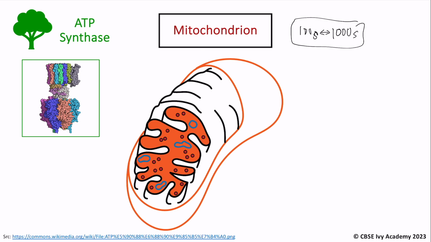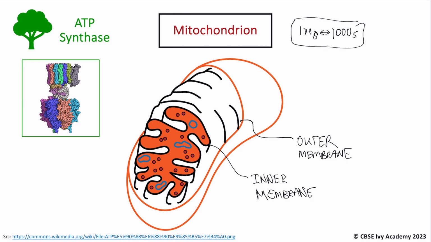The outer membrane, here in orange, is a smooth membrane, and it has pores that allow the selective entry and exit of proteins. The inner membrane, in black, is convoluted and folded, and that is for a particular reason.